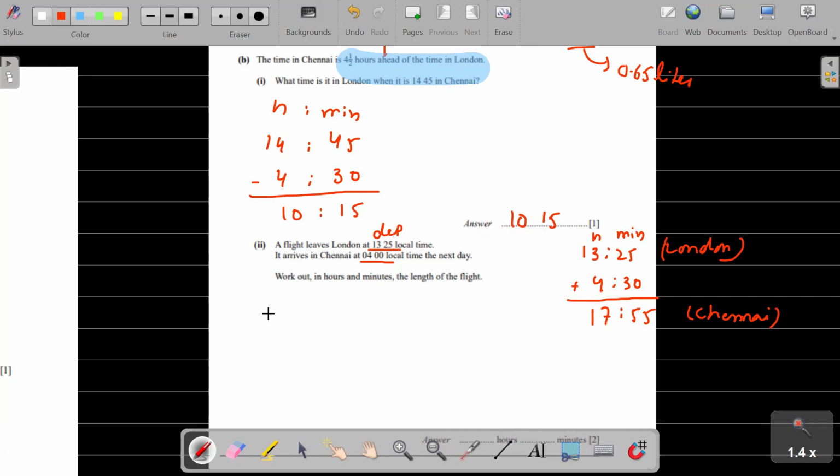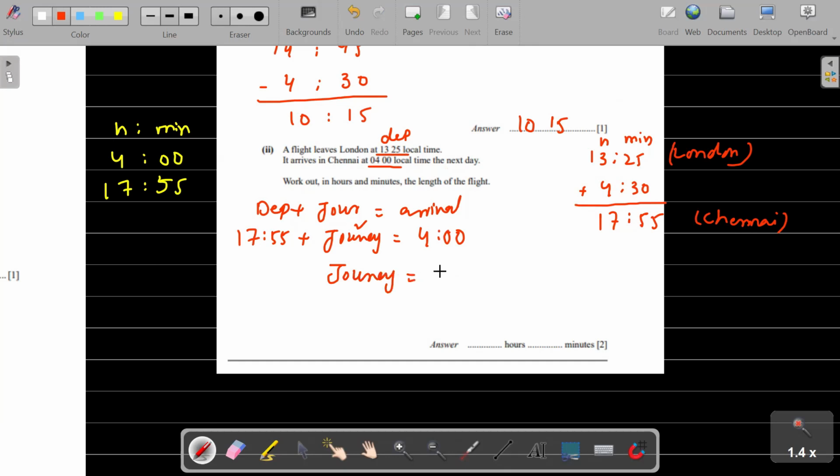We know the equation: departure plus journey equals arrival. Departure is 17:55 plus journey. We don't have the journey time, and we know the arrival time only, which is 4:00. To calculate the journey, I need to subtract 17:55 from 4:00. So let's do it.